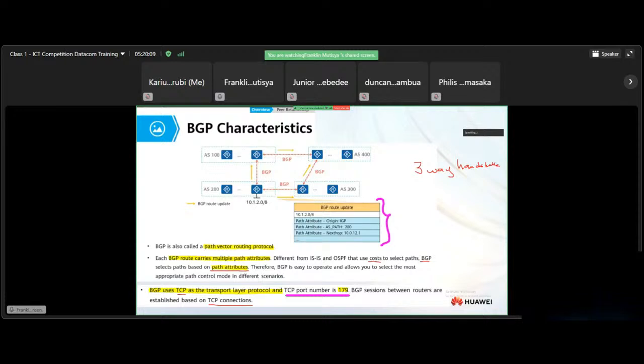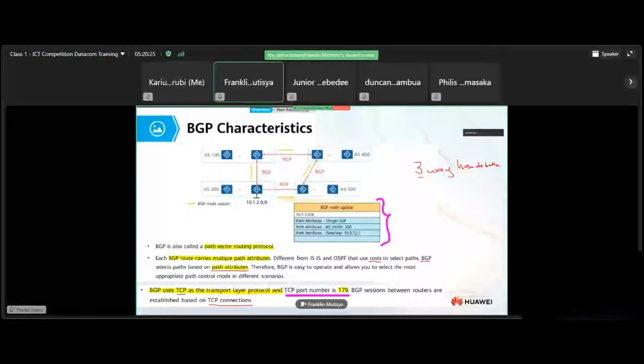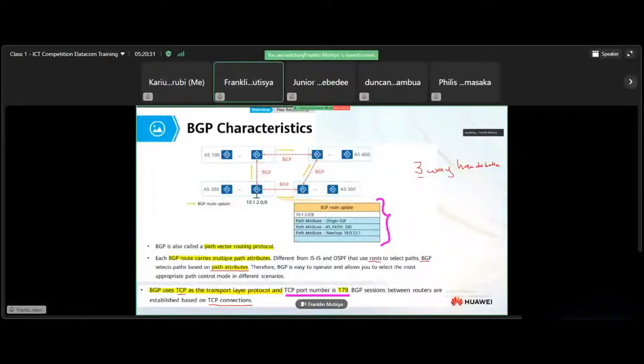This is where the two routers send packets to each other with a view to establishing the TCP connection. Port number 179 is used as a receiving port for listening purposes.